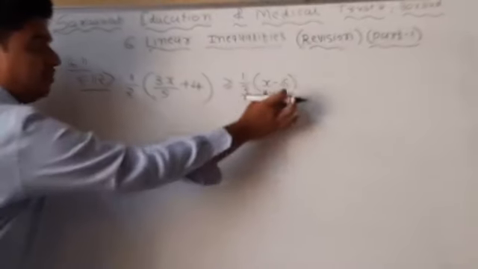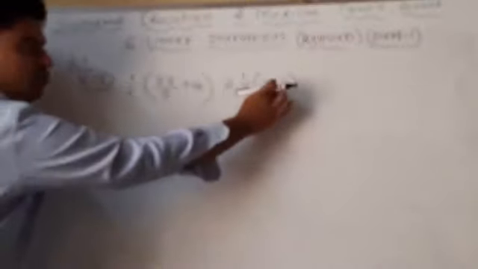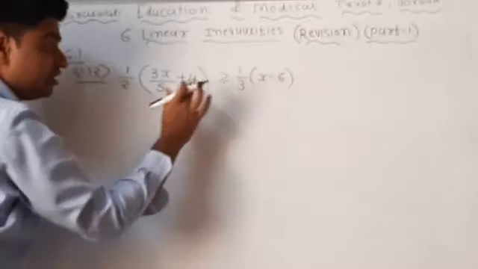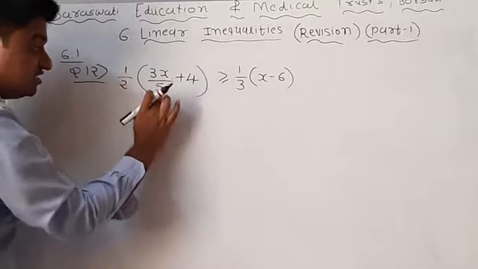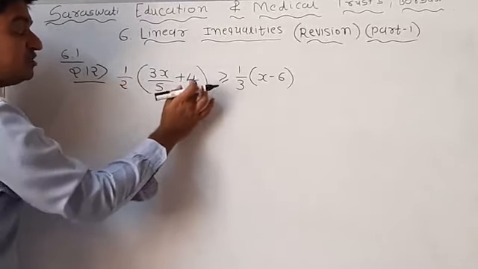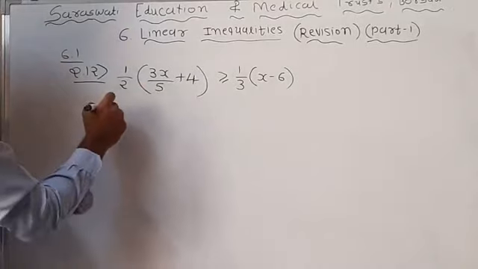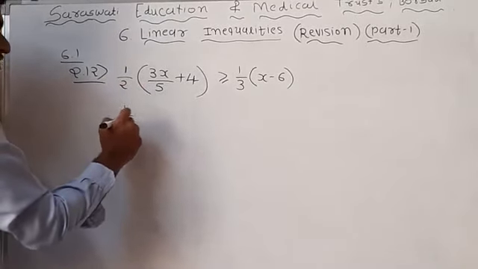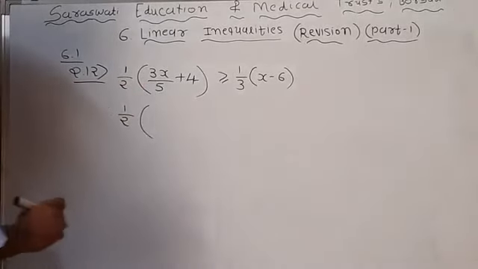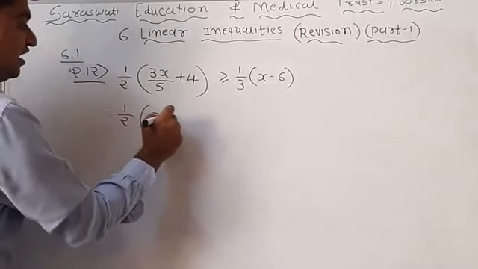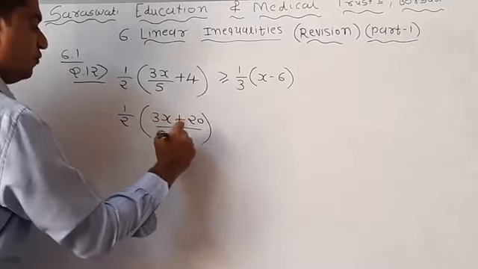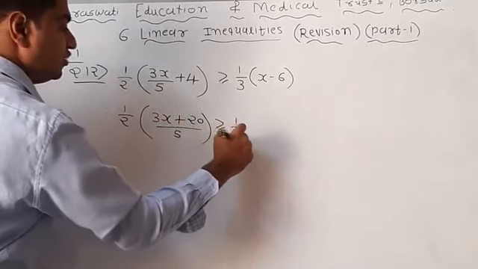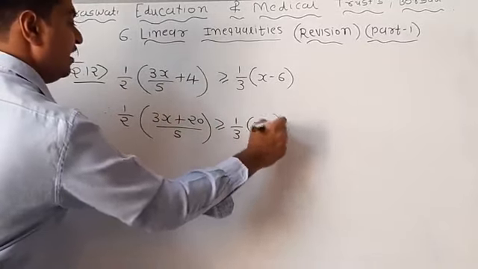So first, bracket form is present on both sides, but on this side a denominator term is not present, while on the other side a denominator term is present, that means LCM is needed. So first of all take the LCM in the first bracket. 1 by 2 is written as it is. In bracket, 3x plus 5 4s are 20 upon 5, greater than or equal to 1 upon 3 bracket x minus 6.